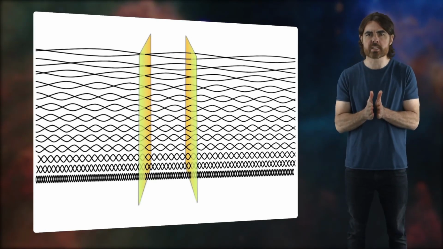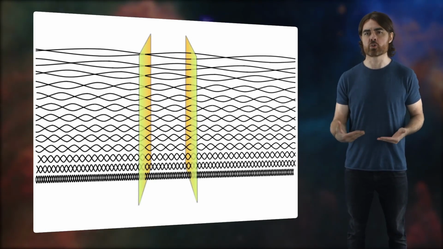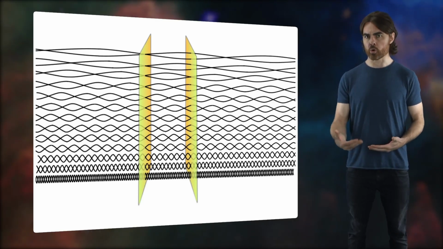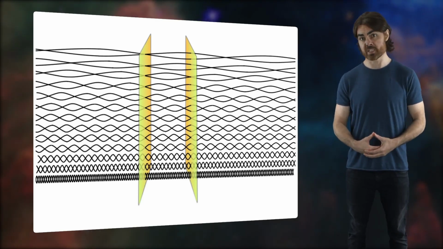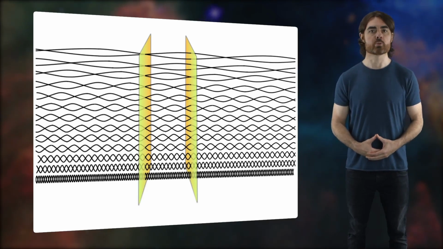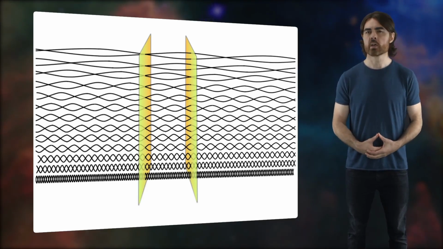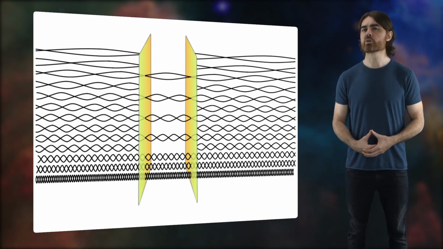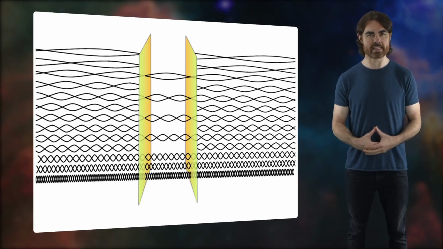He imagined two conducting plates brought so close together that only certain virtual photons could exist between the plates, in the same way that an organ pipe or a guitar string of a particular length only resonates with waves of certain frequencies. Any non-resonant virtual photon would be excluded, reducing the vacuum energy between the plates.